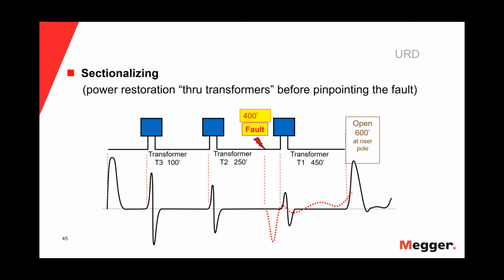Now, this is a very simplified diagram. In actuality, the equipment that does this will put a distance on the end of the cable. It will put a distance at the fault, and will also show you distances to the transformers so that you can very quickly see where it's at.